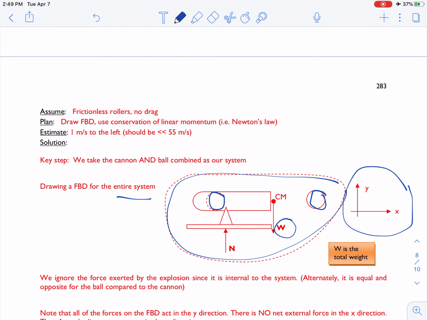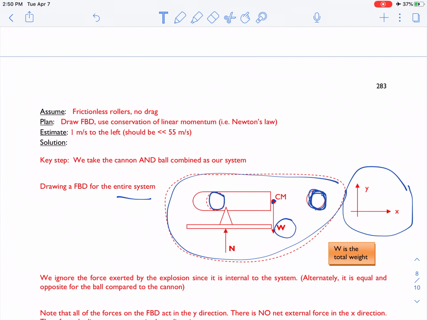Okay, so the center of mass point here is given for some time later, when the ball is probably right there. So it's still closer to the cannon, not the ball, because the ball is much lighter. But again, it's not going to be in the middle of the cannon either, because there's also a piece of the system, which is the ball. Now it's much farther away from the cannon, so it's going to be somewhere in between them.